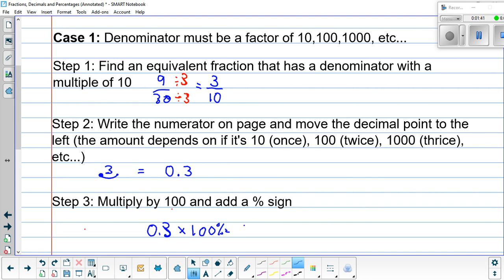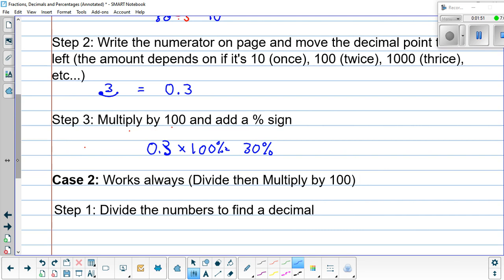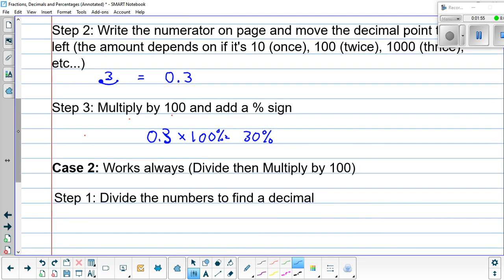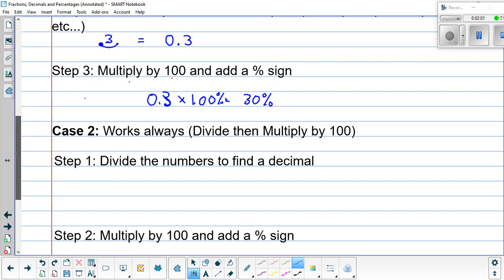So we get 30%. Keep in mind that 100% is 100 over 100, but it's not something you have to keep showing.